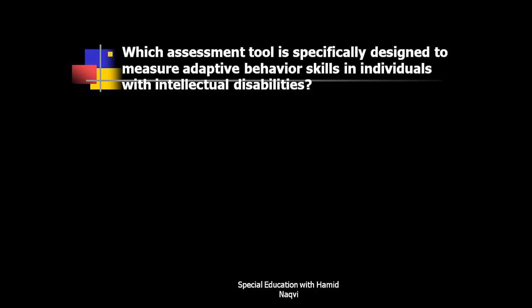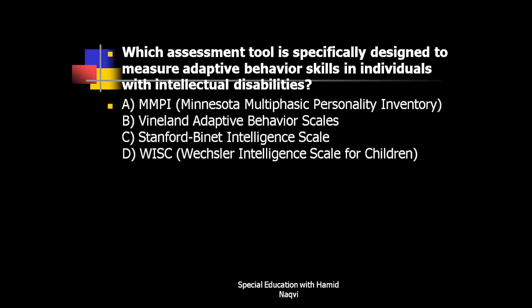Next, which assessment tool is specifically designed to measure adaptive behavior skills in individuals with intellectual disabilities? MMPI, Vineland Adaptive Behavior Scales, Stanford-Binet Intelligence Scales, WISC, that is Wechsler Intelligence Scale for Children.